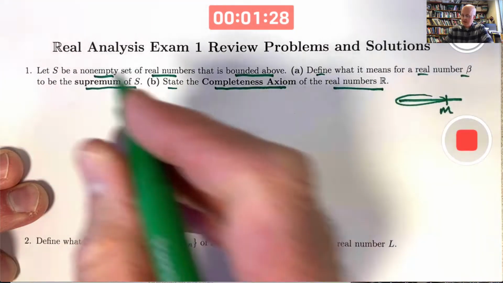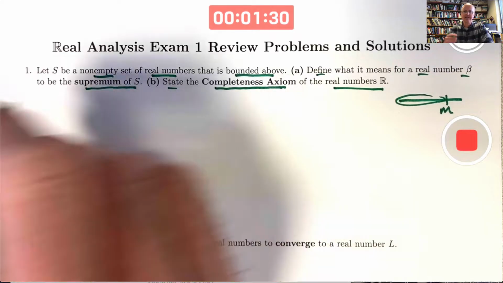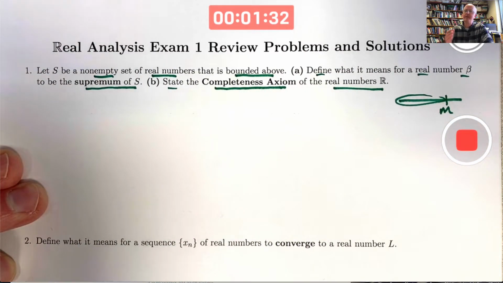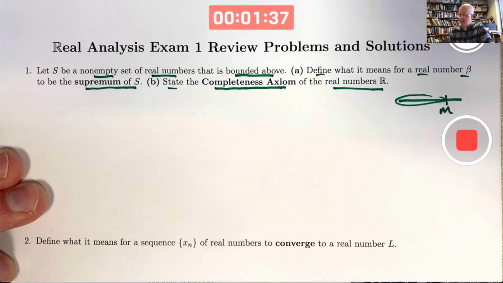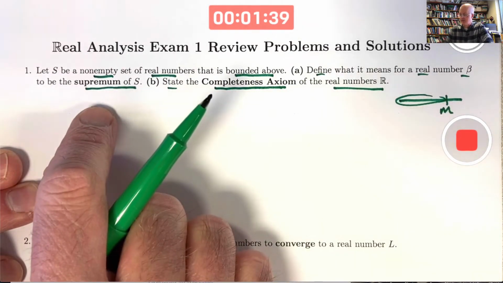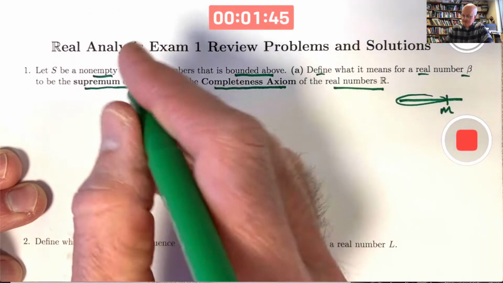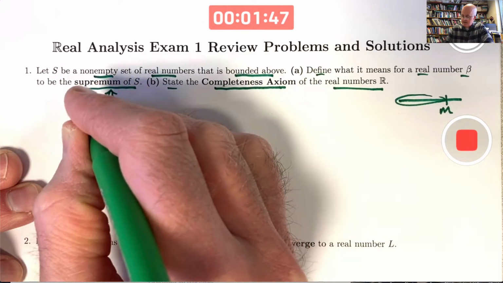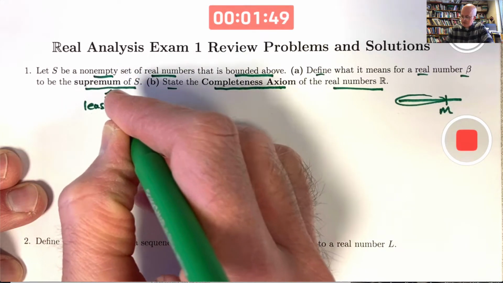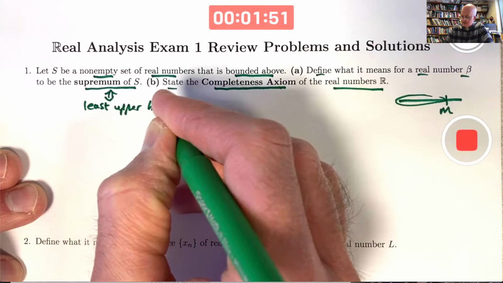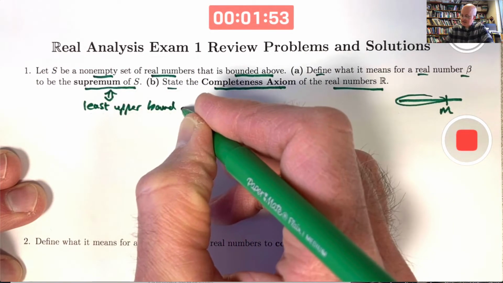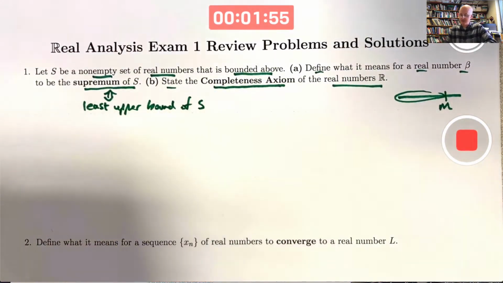As far as this definition goes, yes, it's something you can memorize, but you want to think about these things in such a way that it makes sense and that you can reason out the definition if you need to. With the supremum of a set, it's nice to think of it in terms of its other name. It's also called a least upper bound of S, because that essentially describes its two main properties.